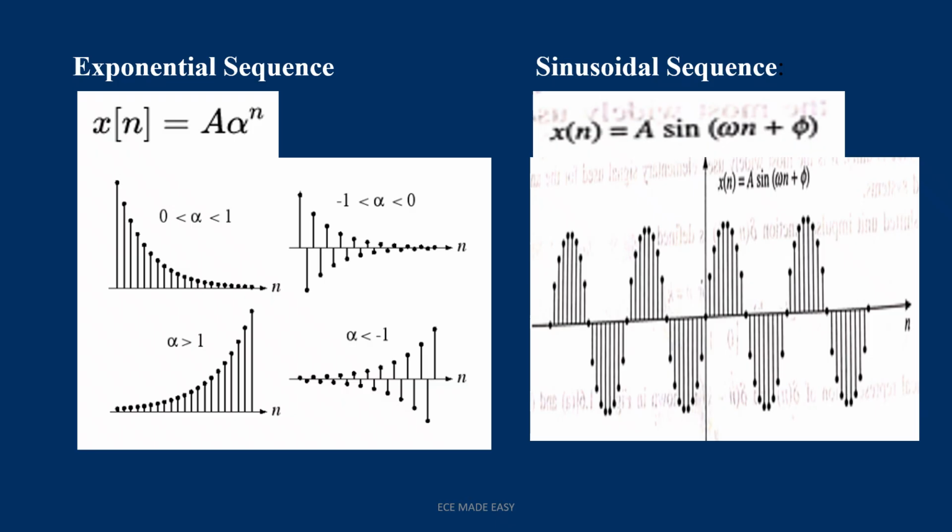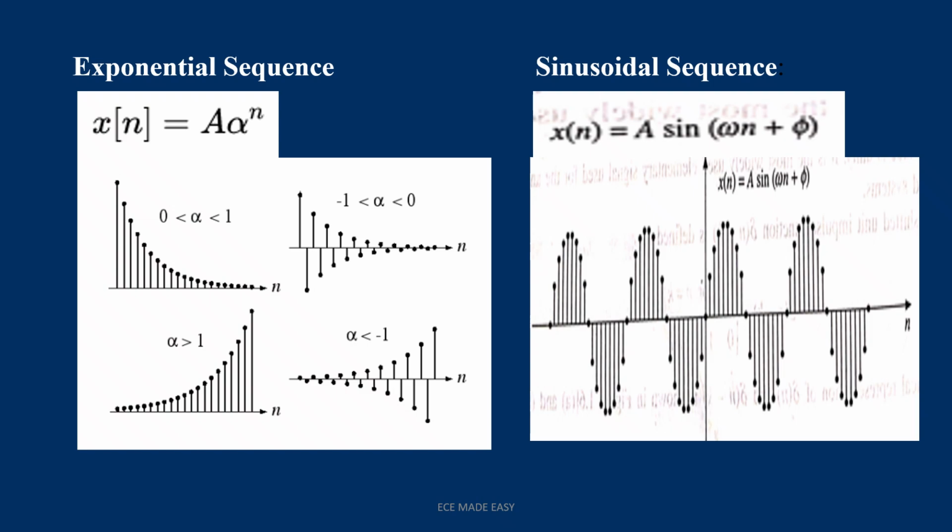If the value of alpha is between 0 to 1, we will get the signal which is an exponentially decreasing discrete signal. Whereas if alpha is greater than 1, we'll get all the samples with the amplitude gradually increasing. If the alpha value is between 0 to minus 1, again it is an exponential decrease but one sample up and one sample down.